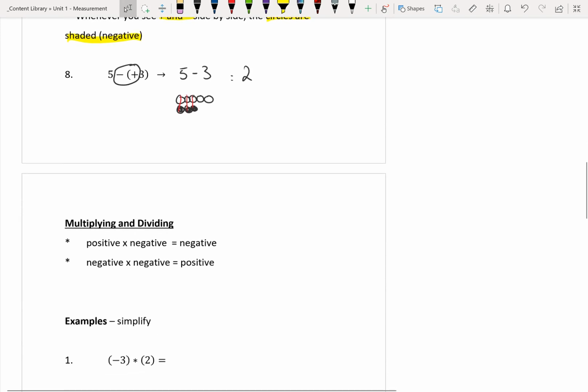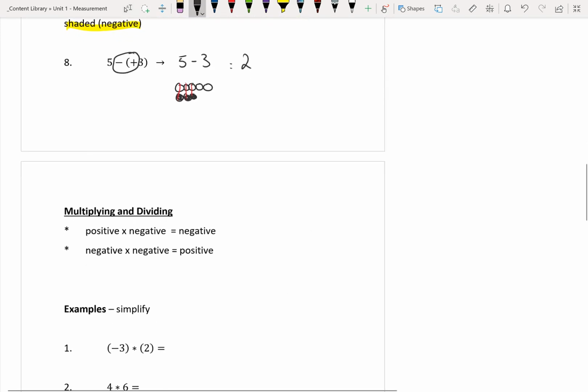When we're multiplying and dividing, if I have a positive and a negative, my answer is going to be negative. If I have a negative and a negative, it will be positive. And one we don't have, if I have a positive and a positive, I will get a positive. And we can visualize this as well in kind of a box.